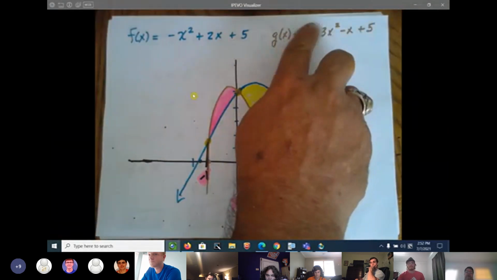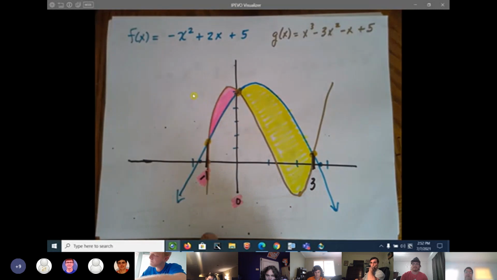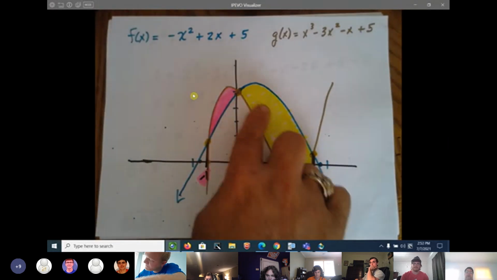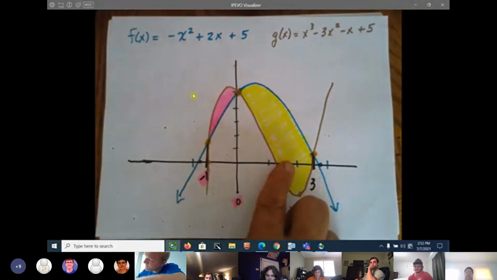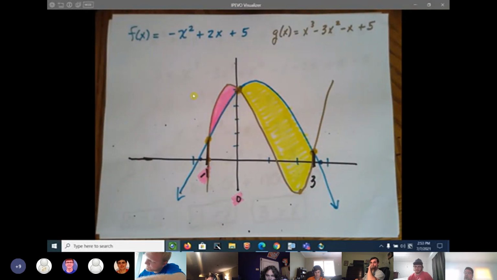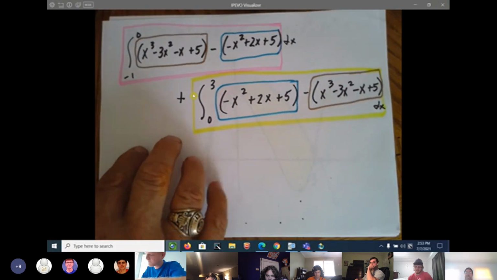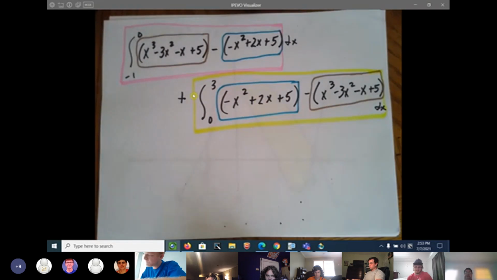So g of x minus f of x on the pink region. And what's dominant on the yellow region? f of x. So there is your setup. Write it down, and I want you to start doing the algebra. Go ahead and start.